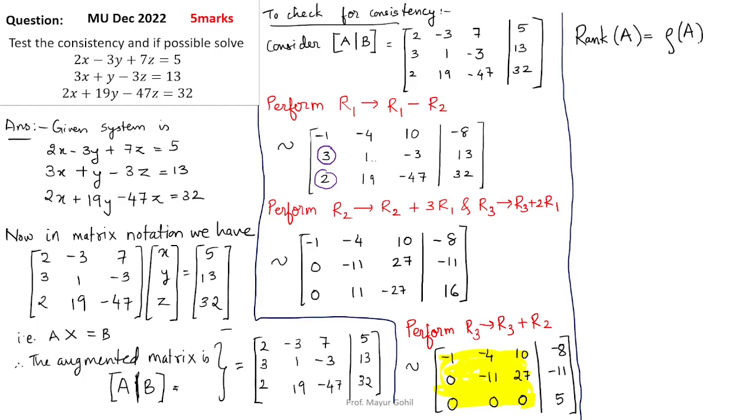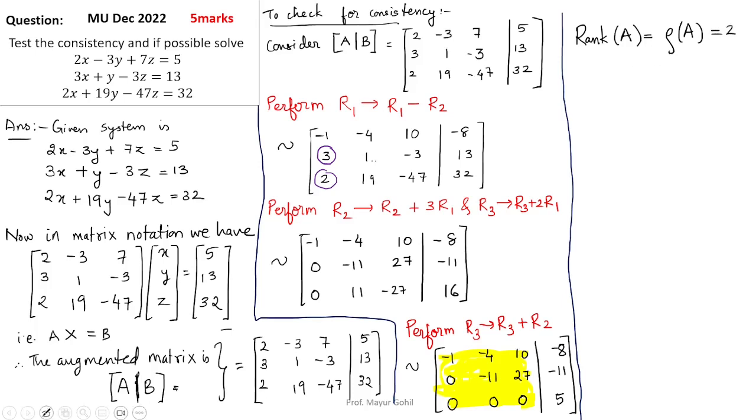The rank of matrix A is basically the number of non-zero rows. So the number of non-zero rows is 2.